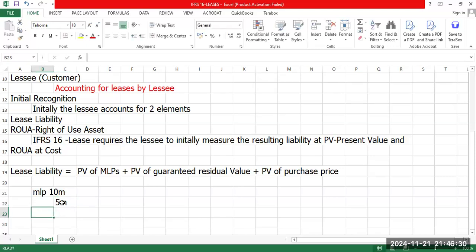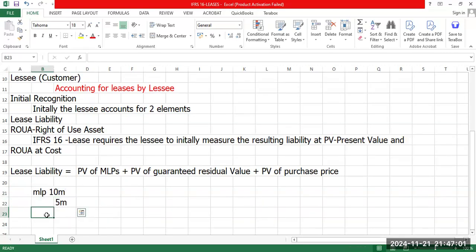So what does this mean? It means that since you expect another amount of money at the end of this period, you are going to reduce this minimum lease payment so that the customer can have at least a relief. Okay.